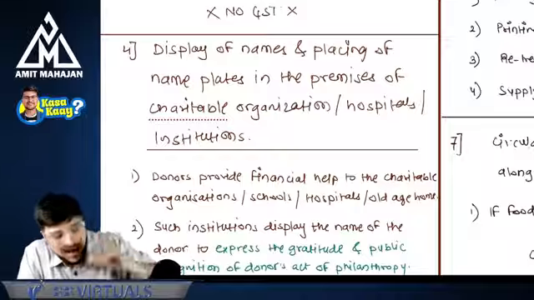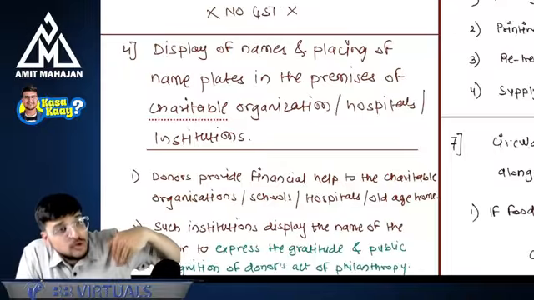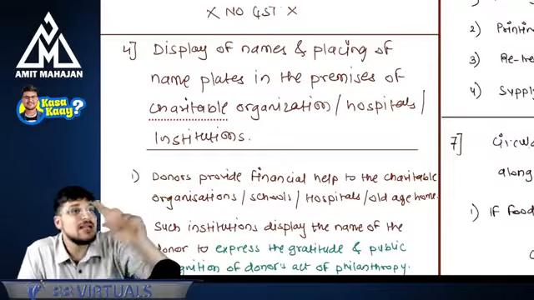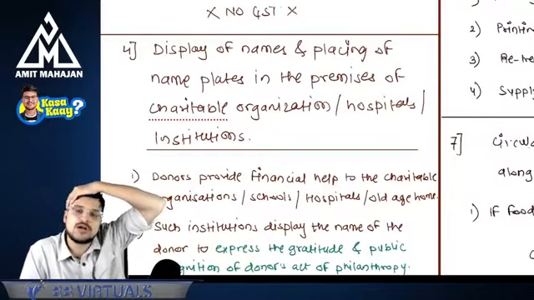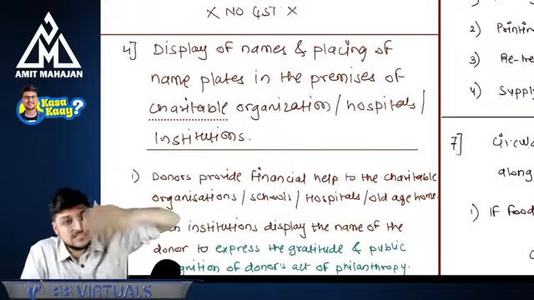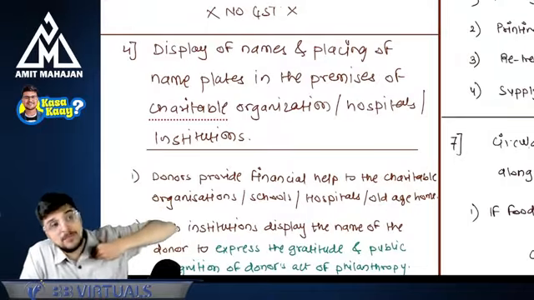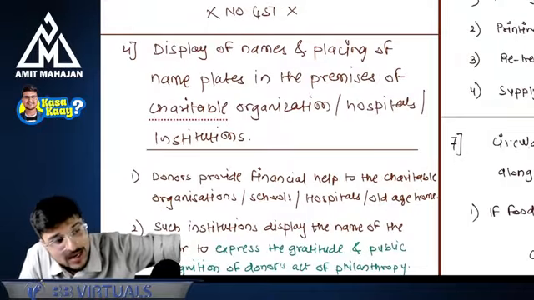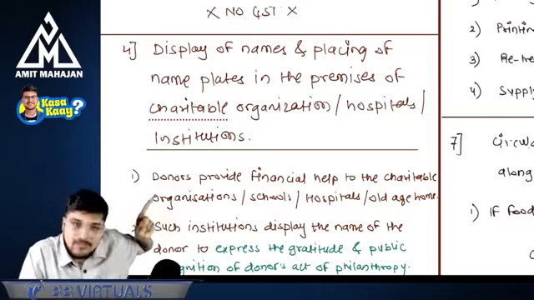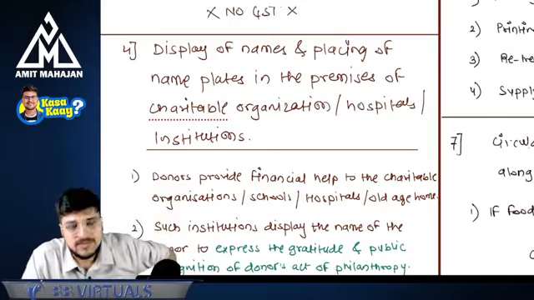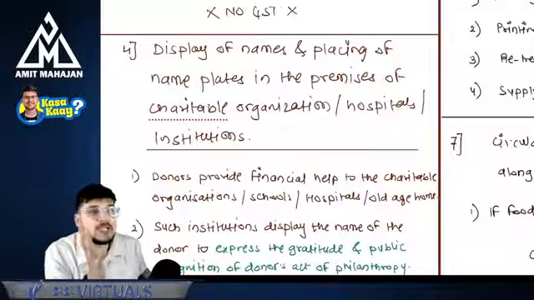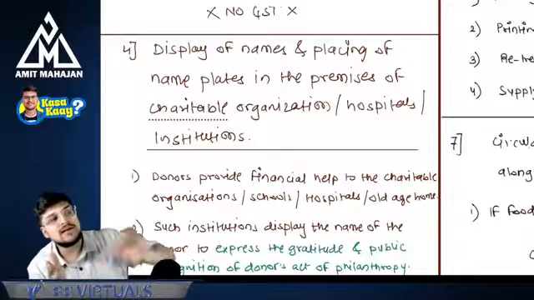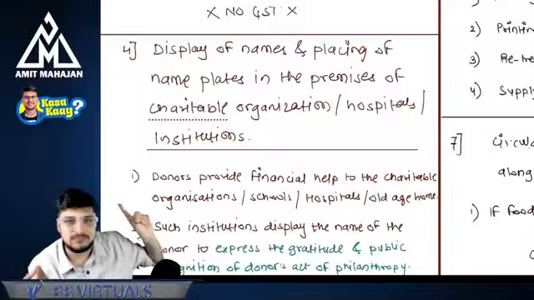And out of gratitude, they write my name on the nameplate that Amit Mahajan has donated 10 crores. Is this an advertisement of my business? Is this an advertisement cost for me, that I paid 10 crores so that they will write my name?